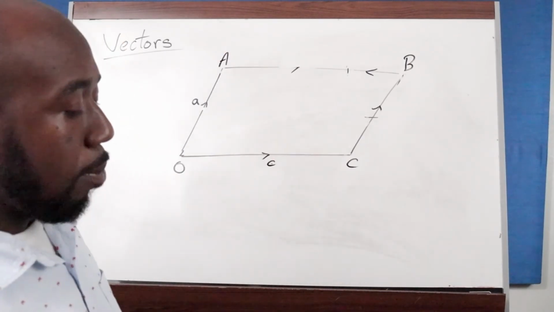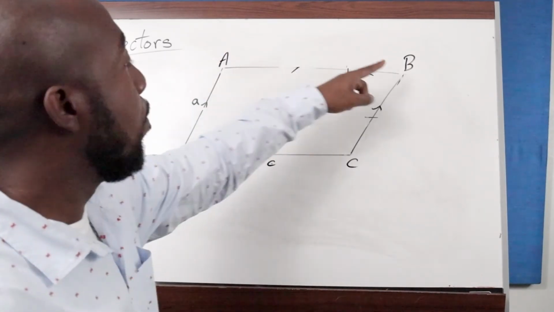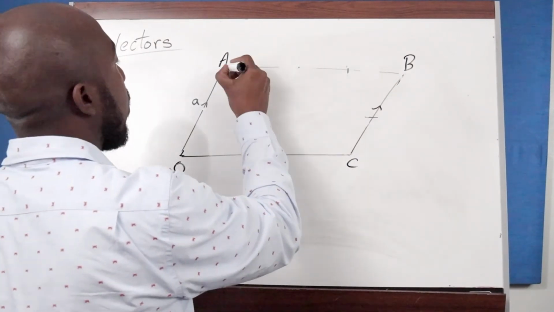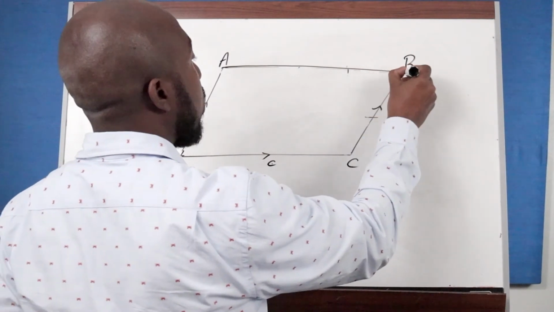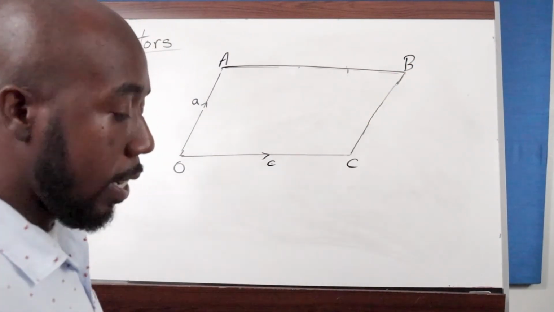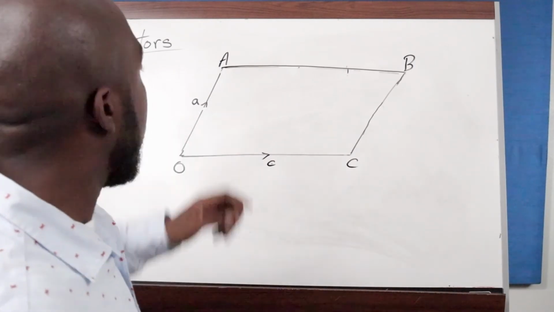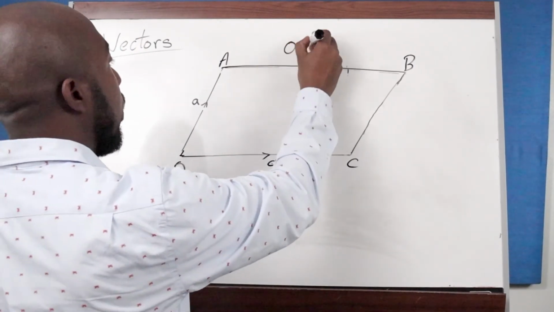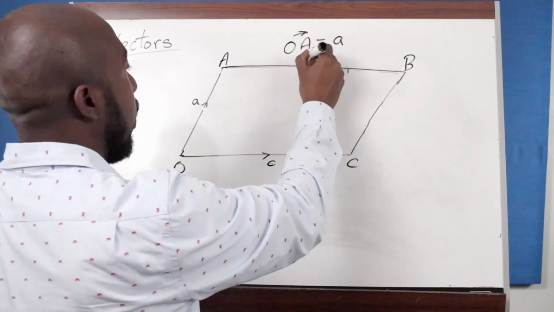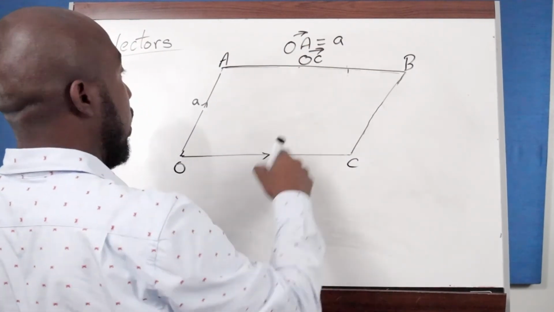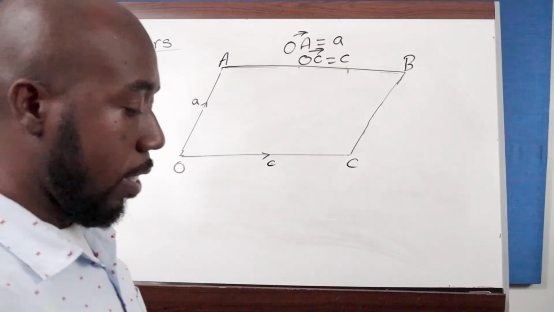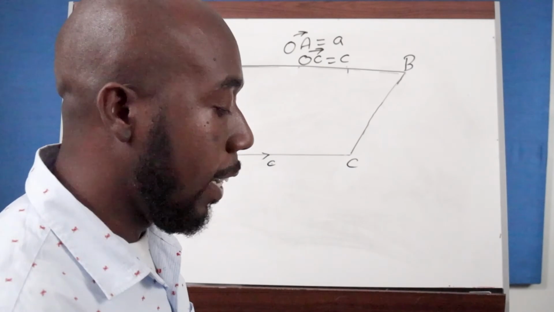The diagram shows the parallelogram O, A, B, and C, where OA is equal to A, and OC is equal to C. Write the following vectors in terms of A and C.